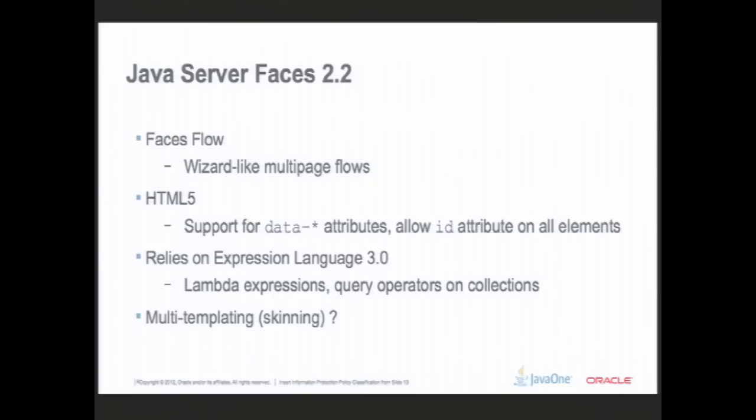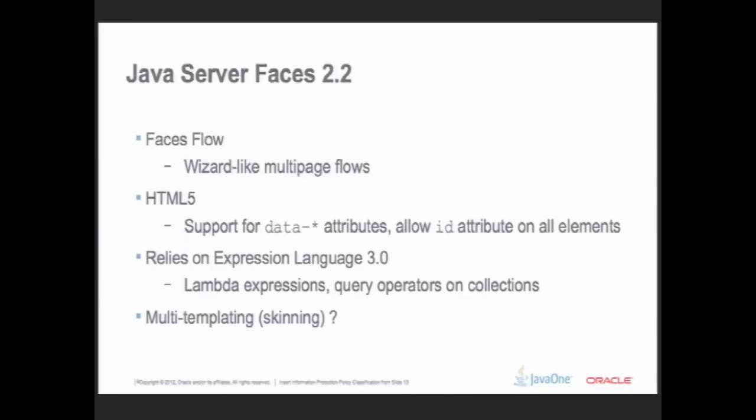So for example, HTML5 has data attributes which are now allowed, and basically JSF 2.2 allows you to specify these through special tags. Similarly, HTML5 relaxes rules around the ID attribute, so now any element in HTML can contain an ID attribute, and JSF 2.2 reflects this.